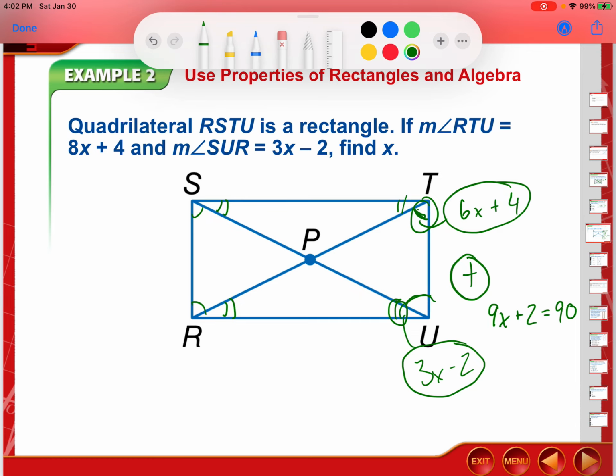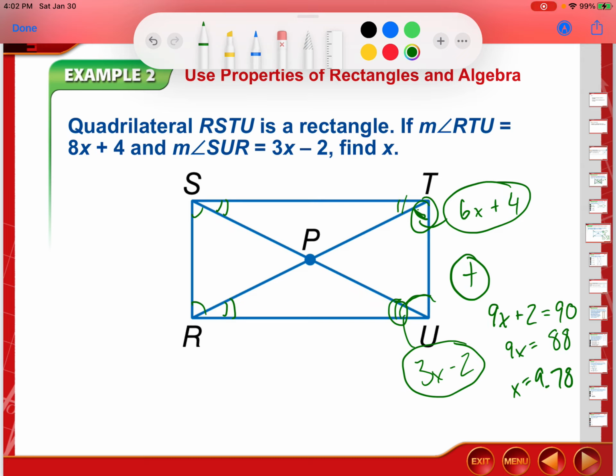So we're going to subtract 2 from both sides. So we're going to have 9x equals 88. Calculator. So we should end up with 88 divided by 9, which is going to be decimal sadness, 9.78. We'll just say x equals 9.78. It's a messy decimal, but it's whatever.